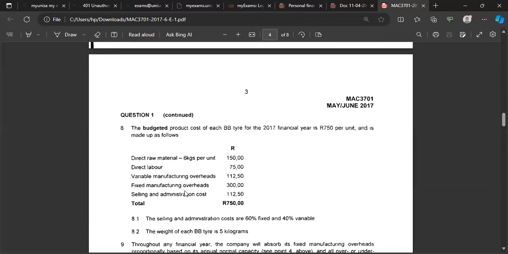This is where again we need to watch out. I would be tempted to take 11250, this one here, and multiply it either by capacity or the selling. But there's a distinction between the fixed and the variable. So let's see how that distinction works.